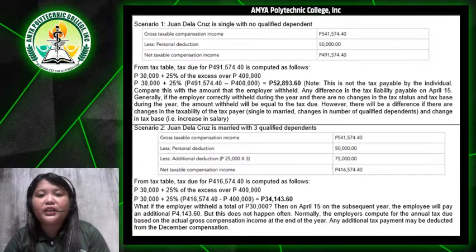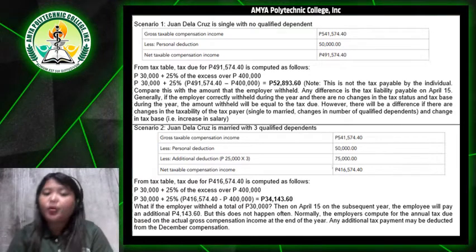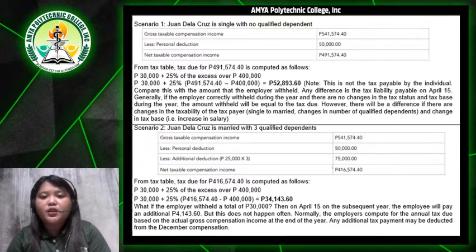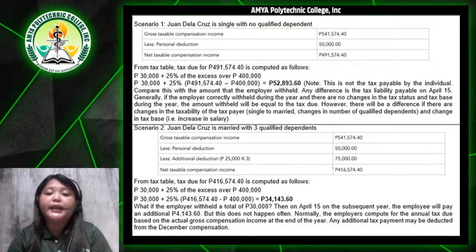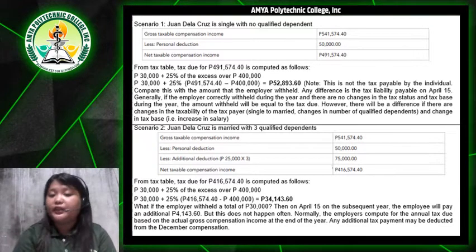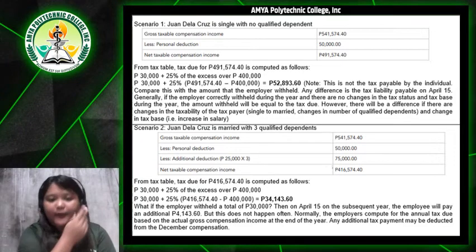The SSS, PhilHealth, and Pag-ibig are no longer included. The net taxable compensation income is equal to 491,574 pesos and 40 centavos. The same with scenario 2, Juan de la Cruz is married with 3 qualified dependents, so the additional deduction is multiplied by 3 because he has three qualified dependents.